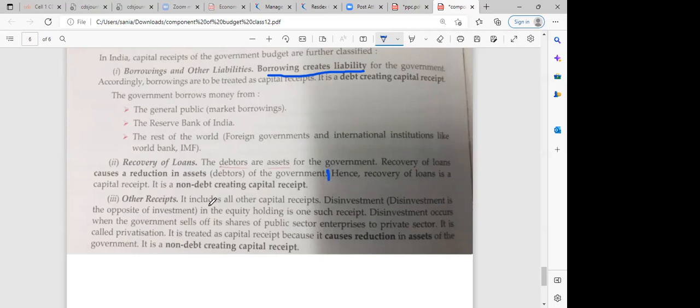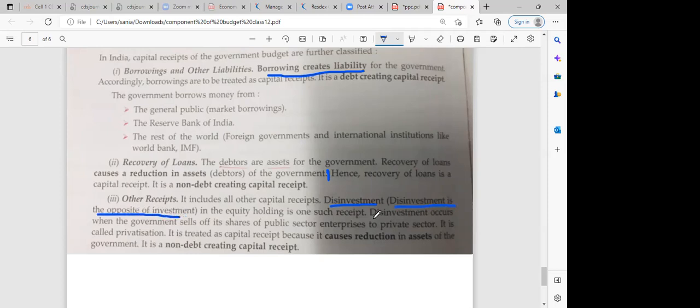And other receipts, you can say, means disinvestment. Or instead of other receipts, you can write disinvestment. Disinvestment is the opposite of investment.